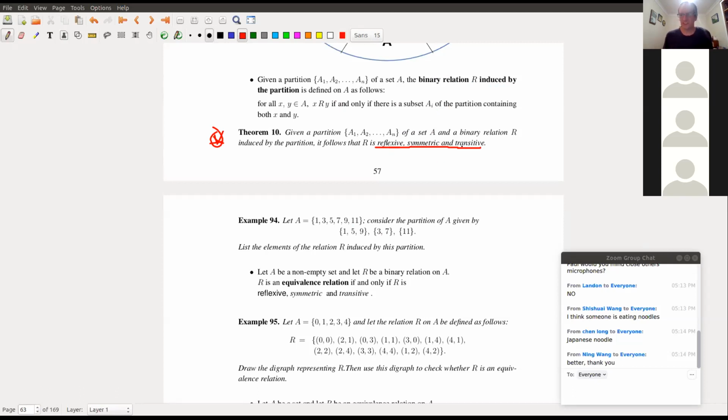This is important in machine learning. A big part of machine learning is classification. Say it's image processing. Here's a bunch of pictures. All of these pictures contain a picture of a cat. All of these pictures contain a picture of a dog. All of these ones contain a picture of a monkey, and maybe something else as well. So we can think of each of those as a partition of the set of photos.